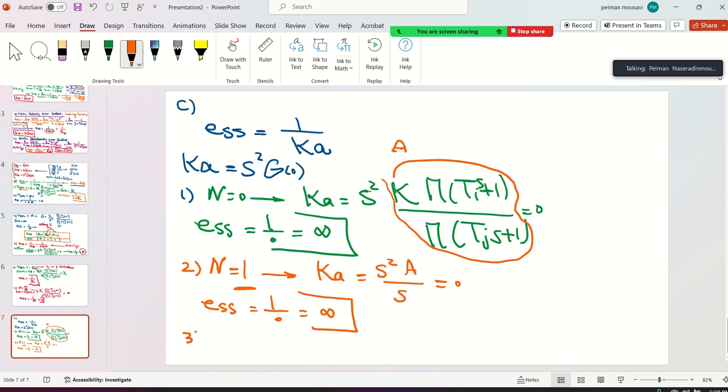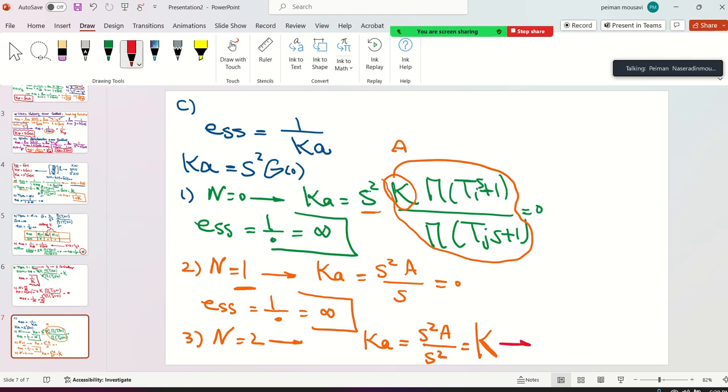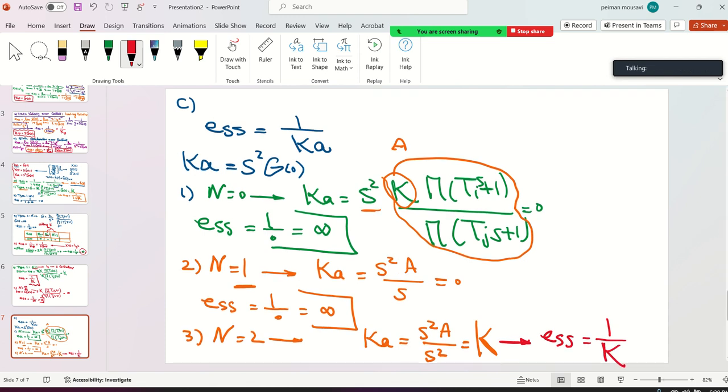So let me add another integrator. N is 2, a type 2 system. Now Ka is going to be this K, and the error signal you made bounded. So e_ss is going to be 1 over K. See? 1 over K.